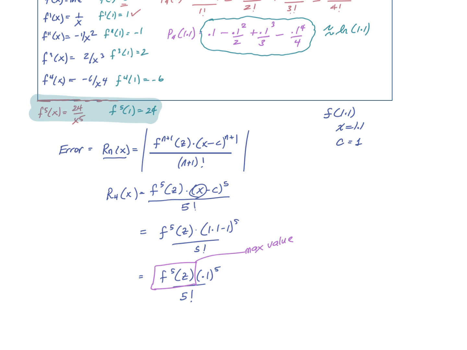So your z value will fall, for the most part, there's a few exceptions to this, between x and c. So we're going to choose either 1 or 1.1. So your c value is going to be somewhere here and there.